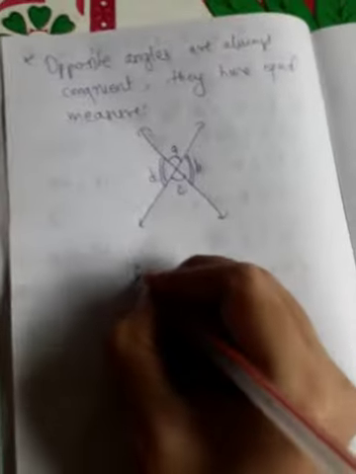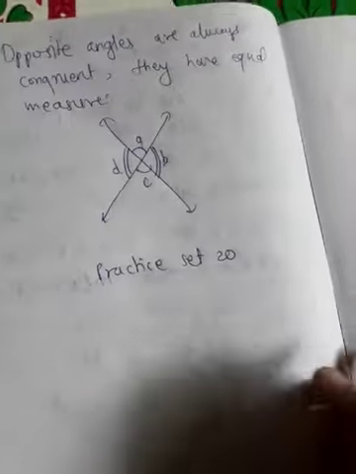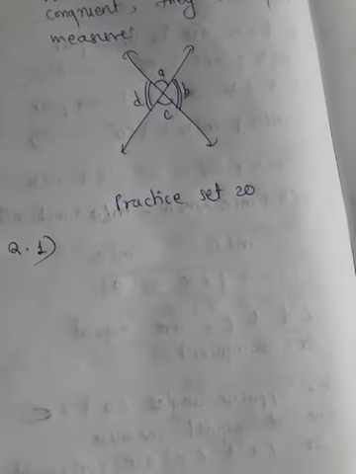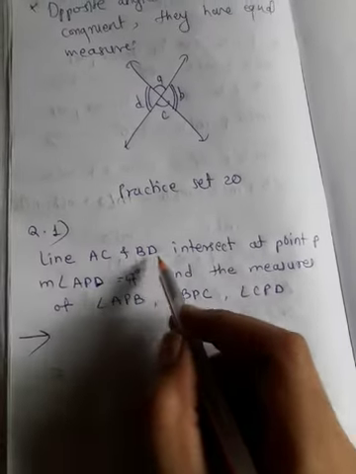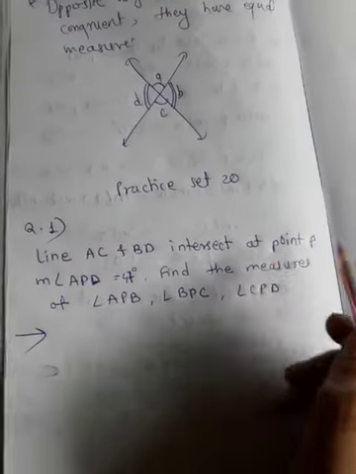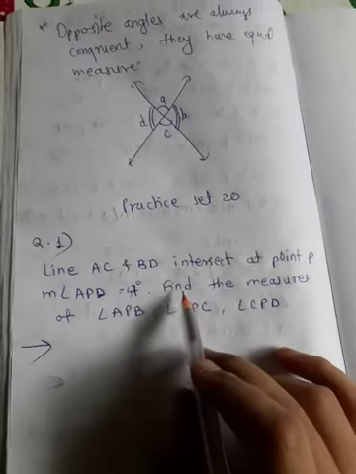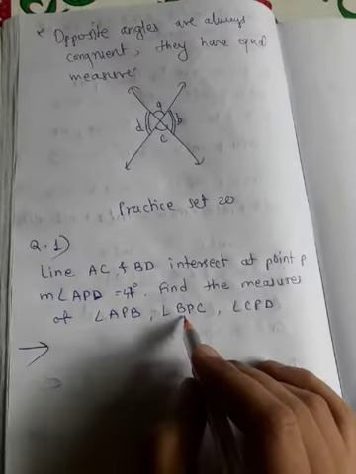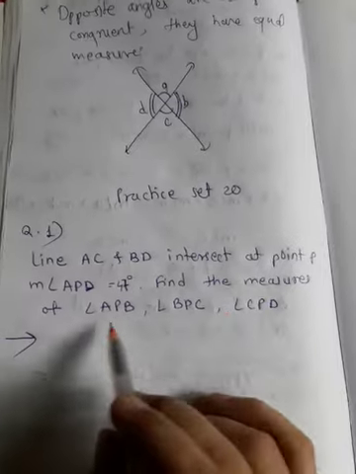Question number 1 is: line AC and line BD intersect at point P, and they have given measure of angle APD as 47 degrees, and asked to find measures of angle APB, angle BPC and angle CPD. Means we have to find the measures of these three angles.